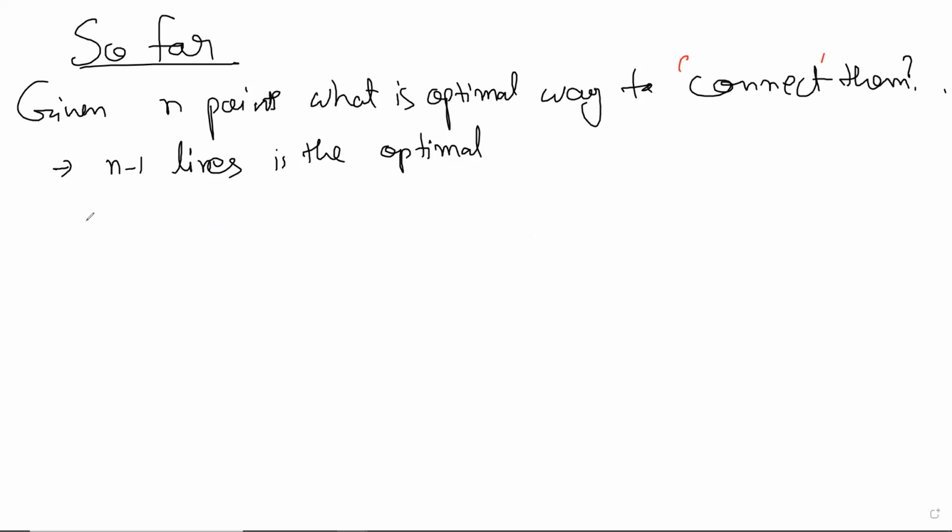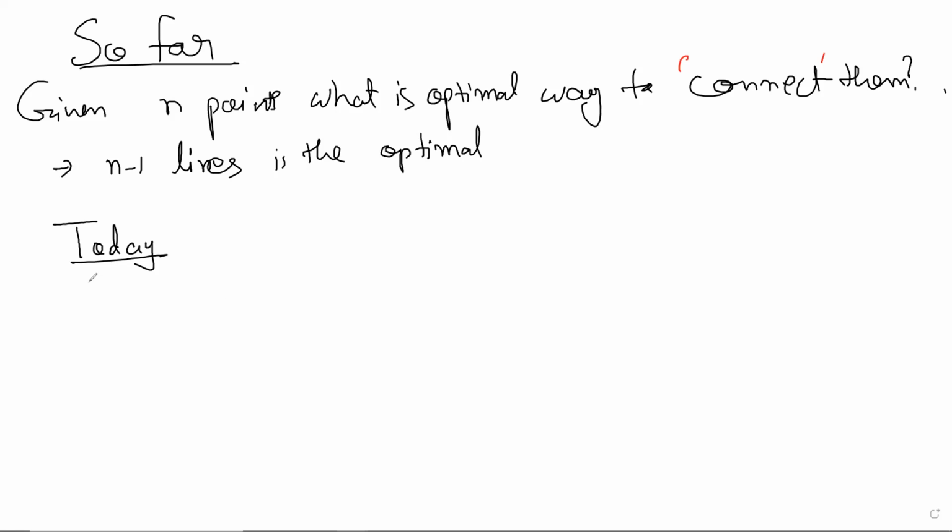But let's come down to what we want to do today. Today we want to look at a collection of points which are joined by lines. So it's what you can call a network.